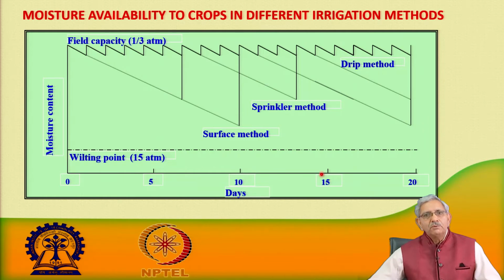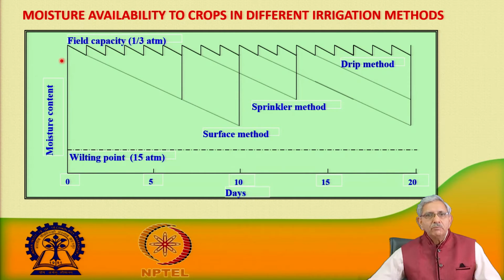Now, let us try to see a little comparative performance when water is allowed to flow from a drip emitter, compared with other methods of irrigation. For any soil, we have two soil moisture constants.